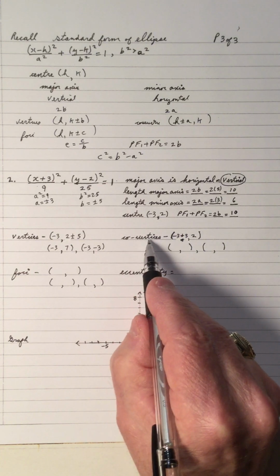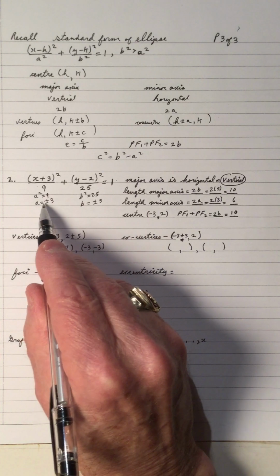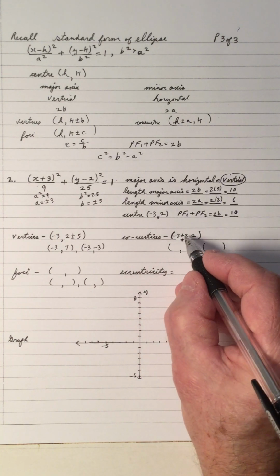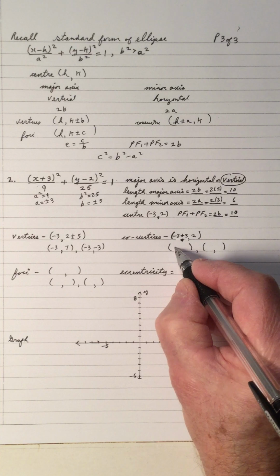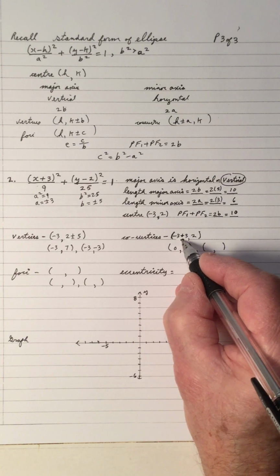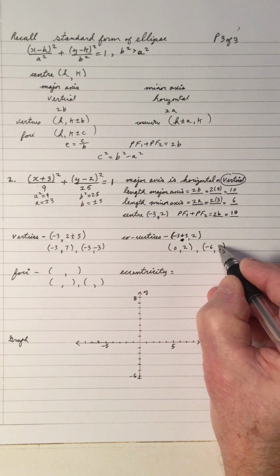So again, the co-vertices are horizontal, so the a, which is the value of 3, is added to and subtracted from the negative 3, and the 2 is not changed. So negative 3 plus 3 is 0, comma 2. Negative 3 minus 3 is negative 6, comma 2.